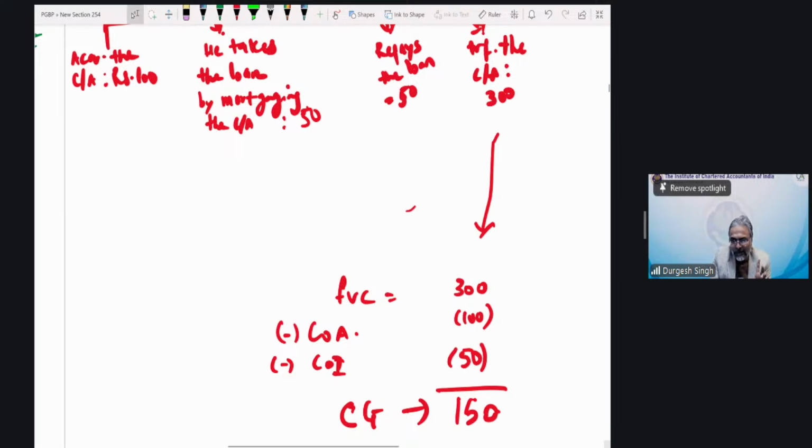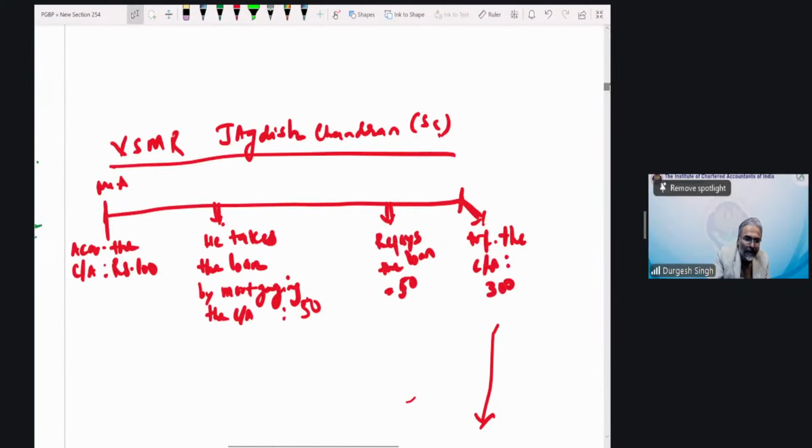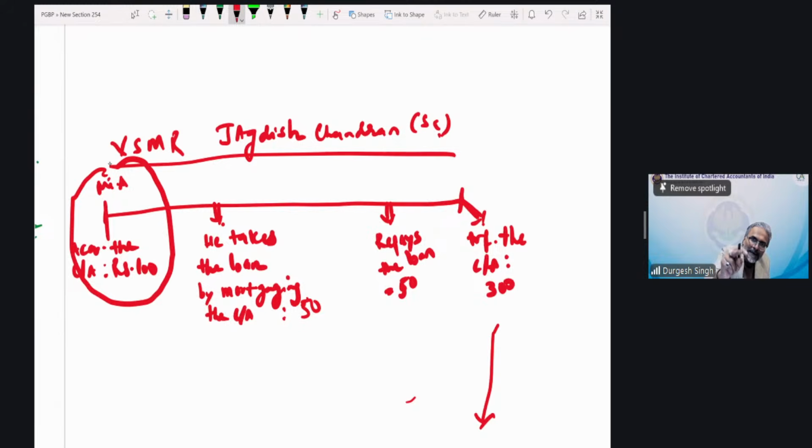At that point of time, what was the kind of the asset? What was the status of his right? Did he have an absolute right when he got the asset?